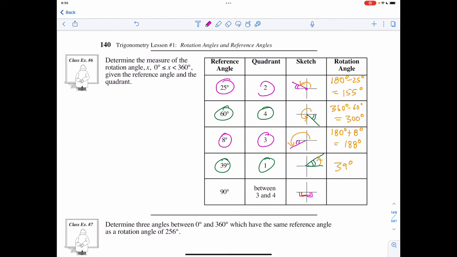And you could calculate that as either 90 degrees more than a straight line, or 180, or 90 degrees less than a full circle, 360. Either way, it gives you the same answer. It's at 270 degrees.